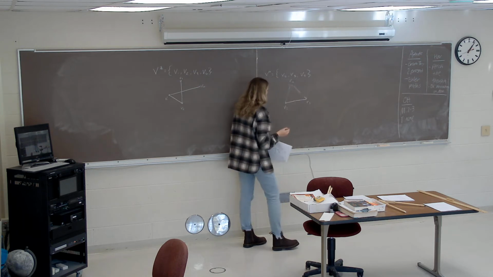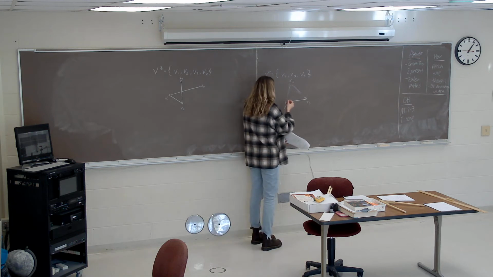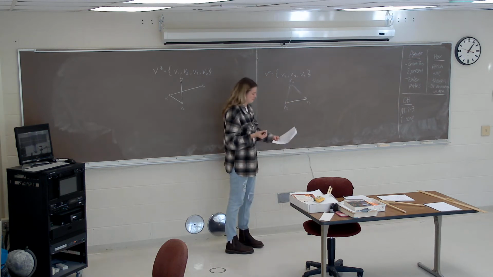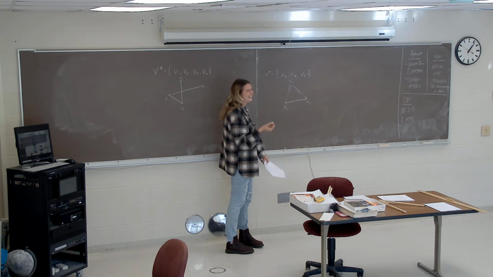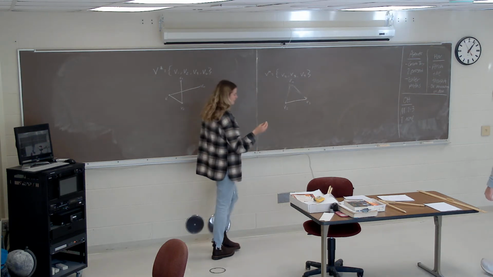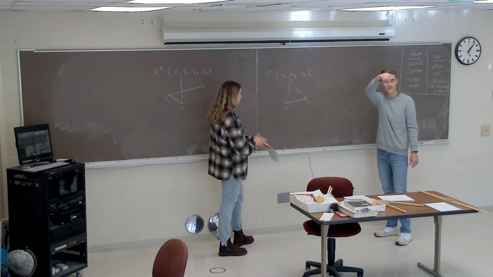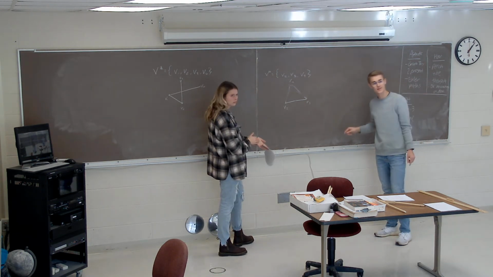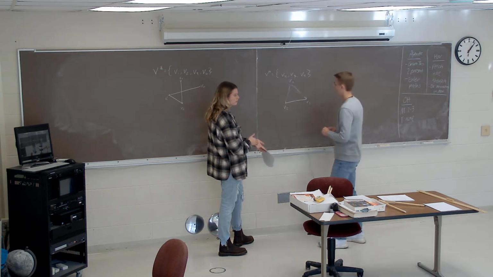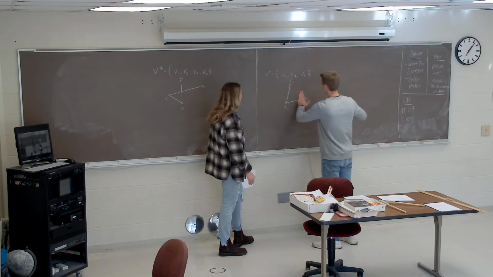Jacob, would you like to go up and write down what you mean? I didn't know if the not meant not the subgraph or not the problem before. I want a subgraph that's not a graph generated by the vertices. There we go.